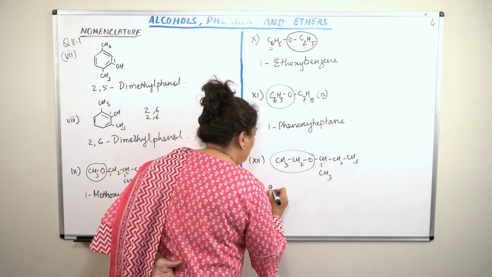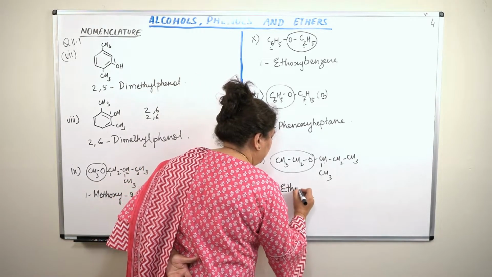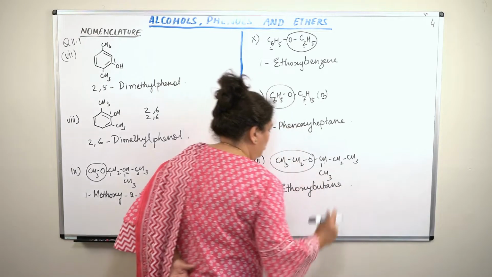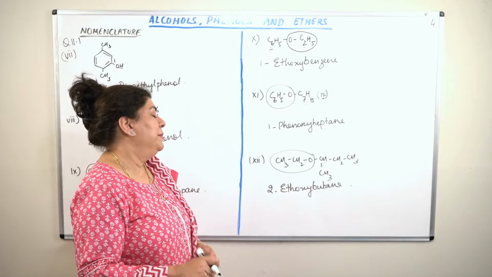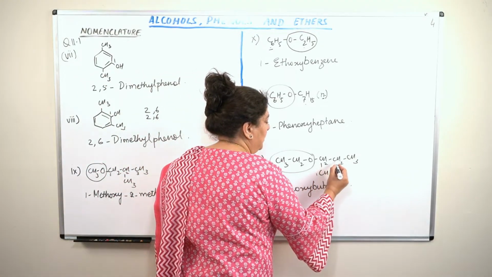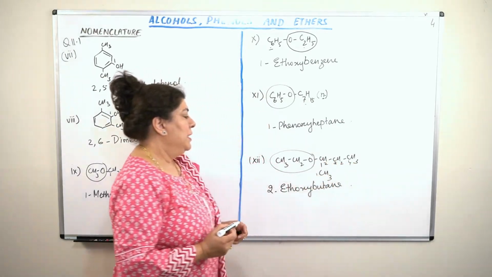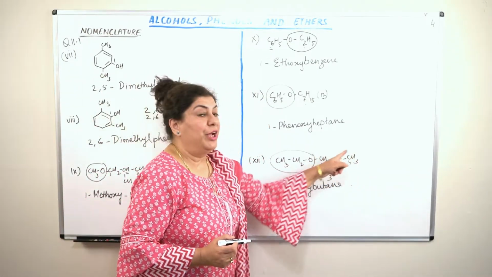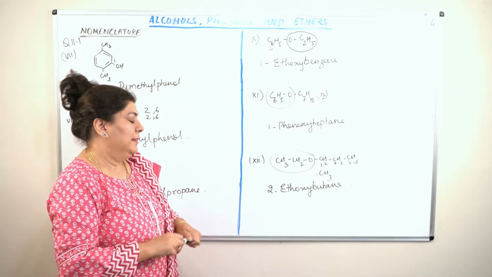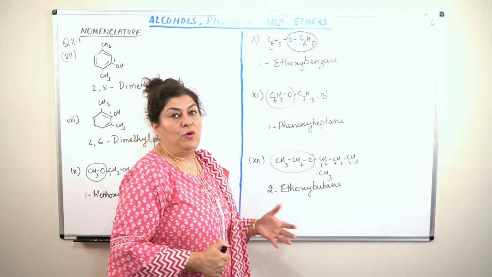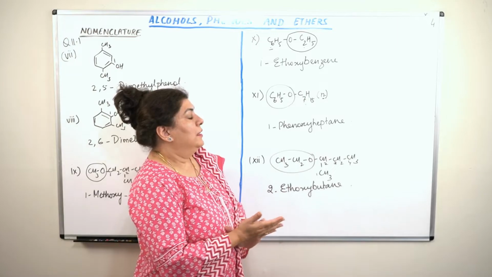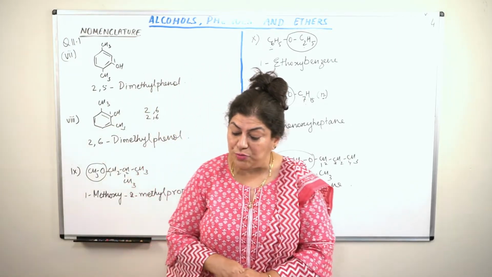So we say 2-ethoxy butane will be the name of this compound. This is the first carbon, this is the second carbon, third, fourth, right? So that is not a branch, it is a chain of 4 carbon atoms. And on the second carbon is the attachment of the ethoxy or the functional group or the substituent as we call it here. So this was question 11.1 of your textbook exercise.